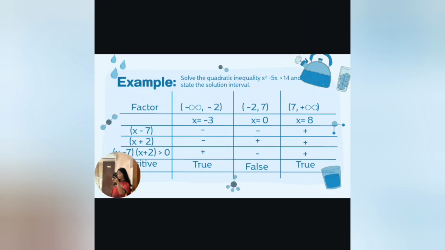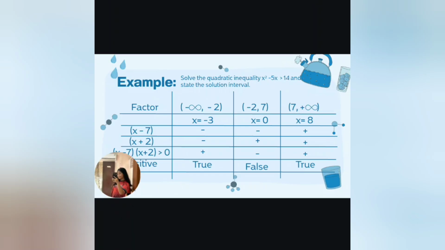The next region is negative 2 to 7. So let's find a number between the two. Since 0 is the most convenient, we will put x equals 0. As what we did in the first part, we need to add.